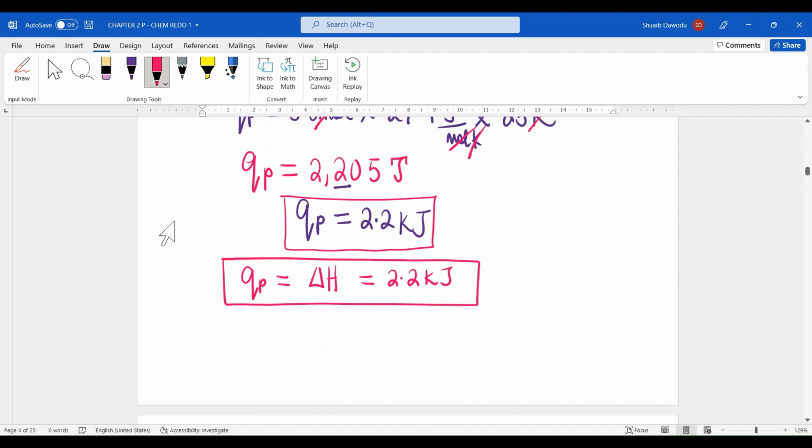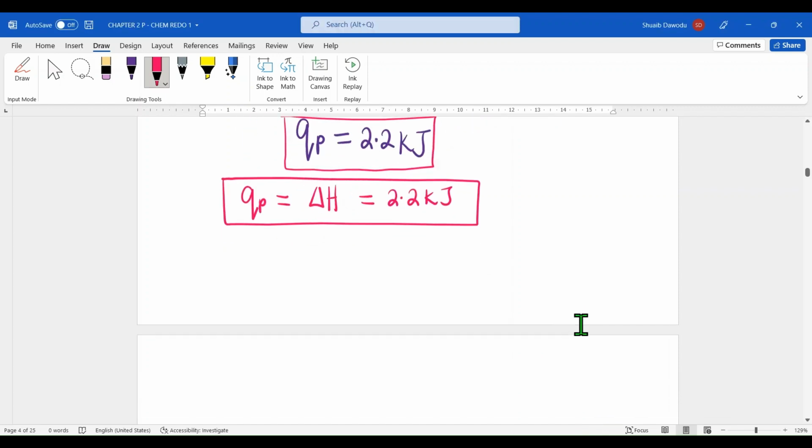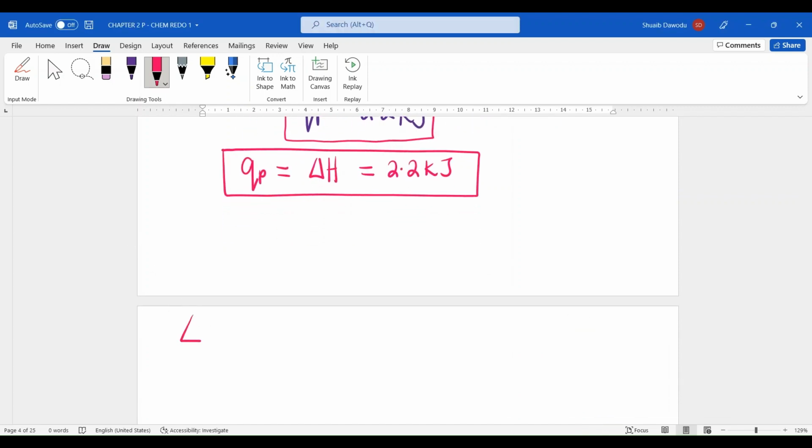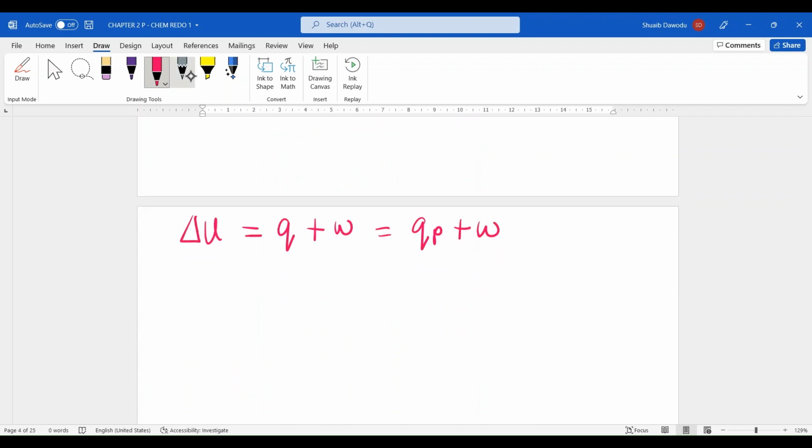Now we have to go to our second piece of information, which is to determine the change in U value. We have to remember that change in U is the same thing as Q plus W, meaning Q sub P plus W, because this is a constant pressure problem. We already have the value for Q sub P. We don't have the value for work, so we're going to determine work.